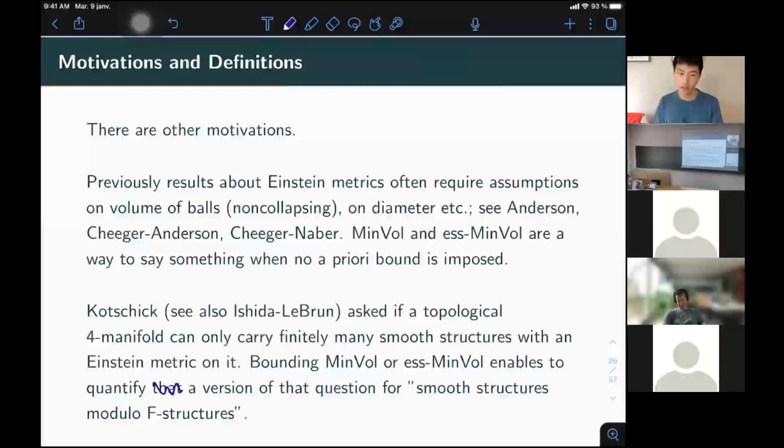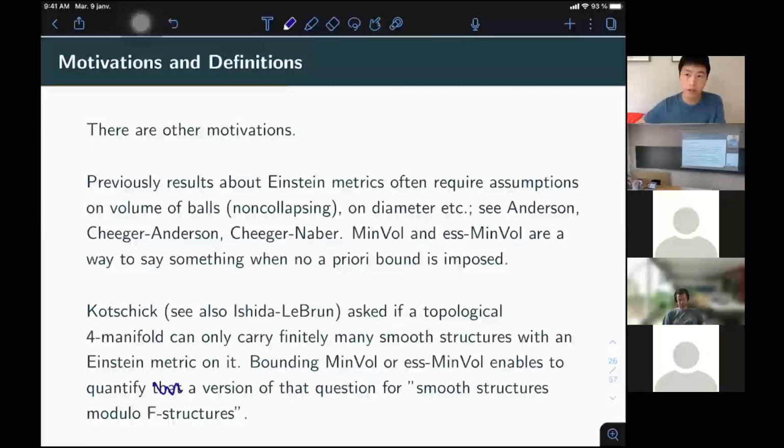Note that I didn't give you any definition for F-structures, but an F-structure is defined purely using smooth differential topology. There's no metric involved. And this remark is a consequence, again, of the fact that by Cheeger, if you have a bound on the volume of the thick part, the thick part has somehow bounded smooth structure, cannot be too crazy.